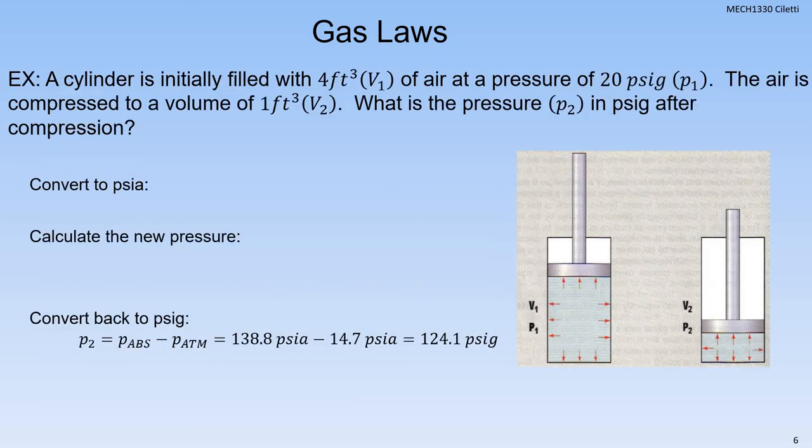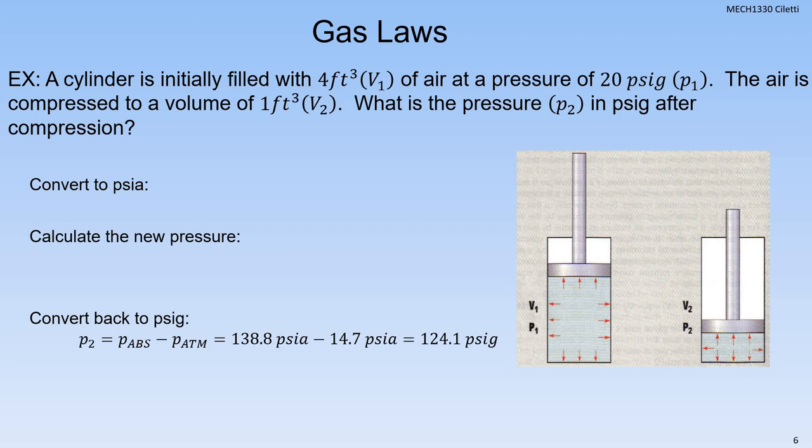We have a cylinder. It's initially filled with 4 cubic feet of air at a pressure of 20 psig. The air is compressed to a volume of 1 cubic foot. What's the pressure in psig after compression? So, a couple different things we have to do here. First step, we have to get to absolute pressure.